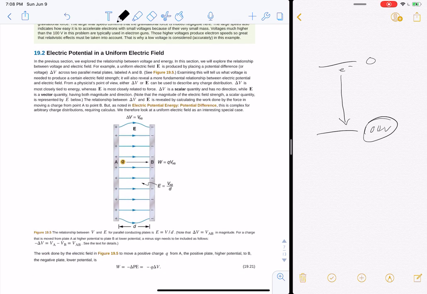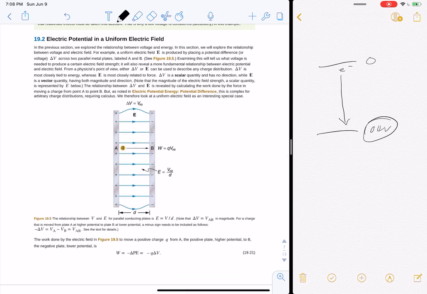All right, 19.2, the electric potential in a uniform electric field. Here's another example, a parallel plate capacitor, plus and minus. Your charge, Q, is going to be accelerated through this electric field. The work done is just Q times the potential difference between the plates, the voltage difference.